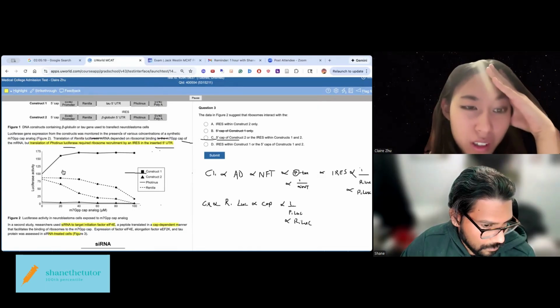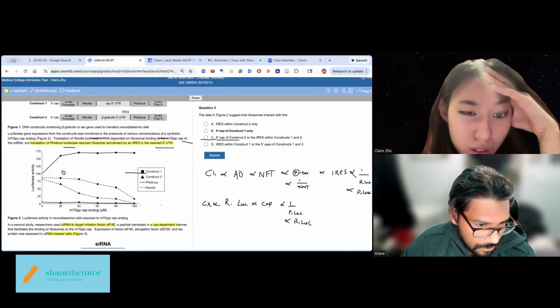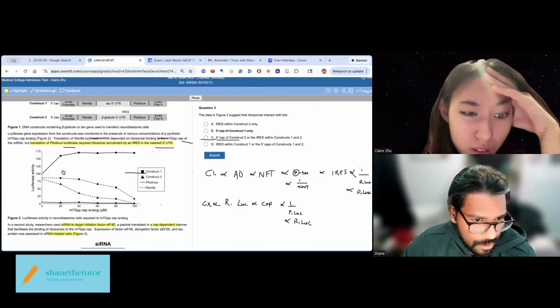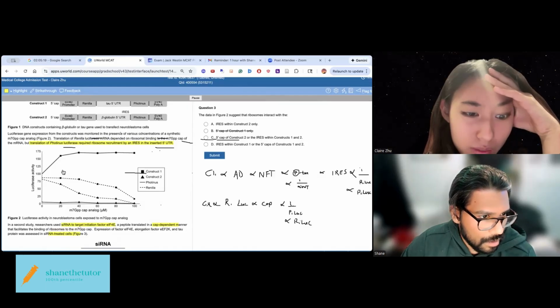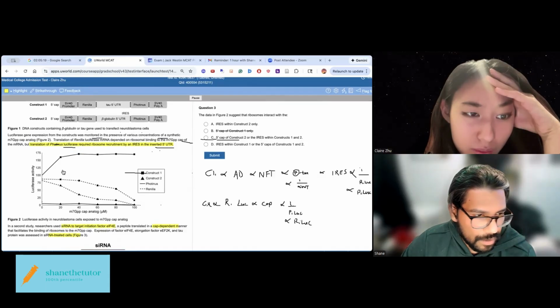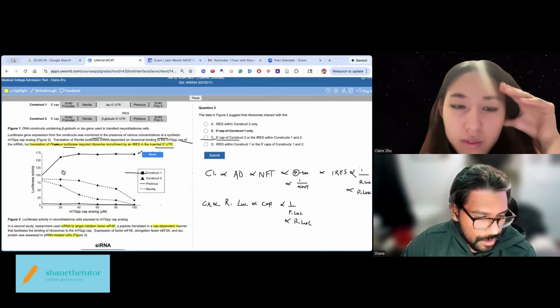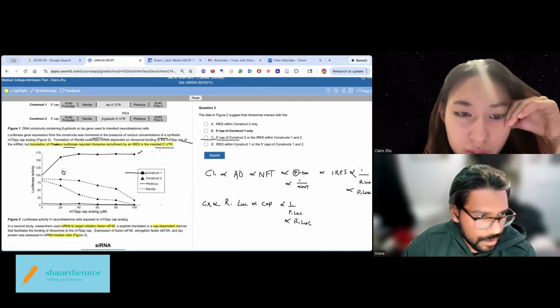So construct one does need the cap. Let's see, construct 1, Photinus. Okay. Photinus, construct 1.